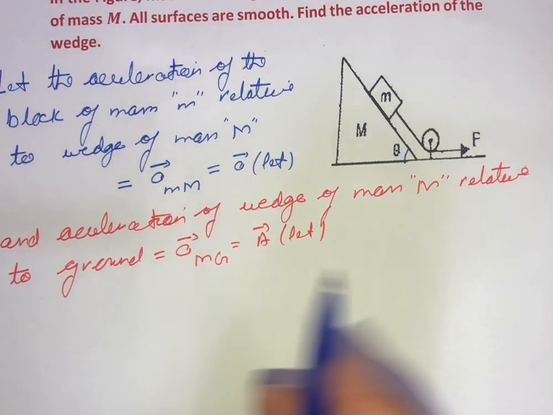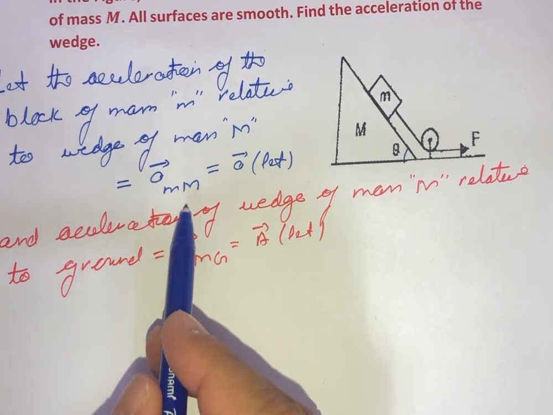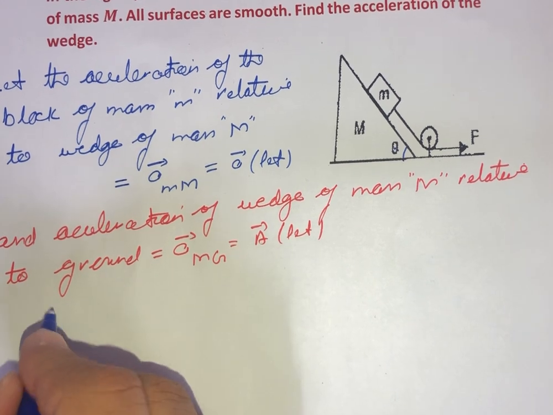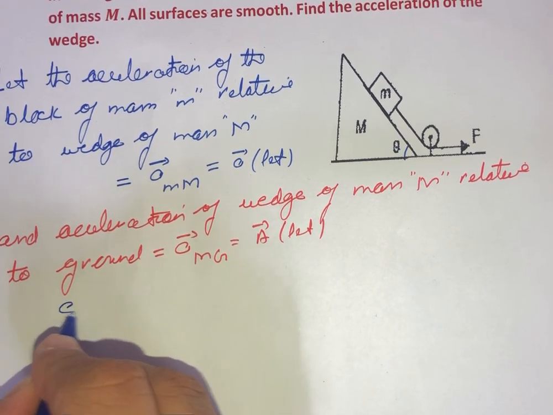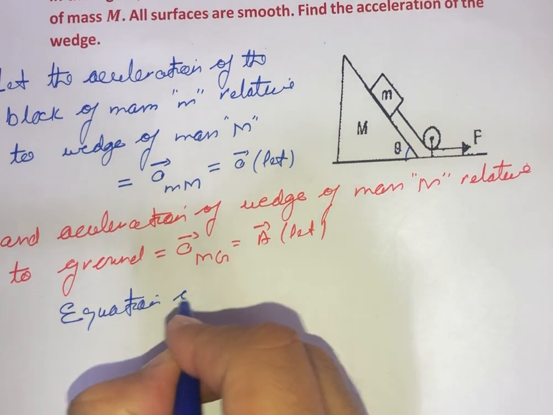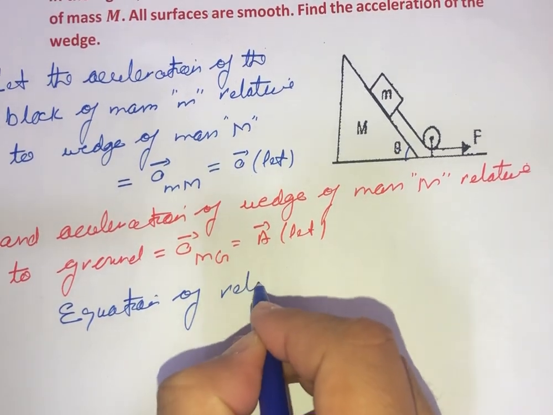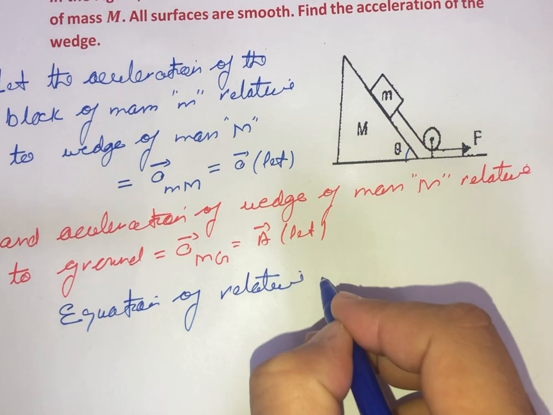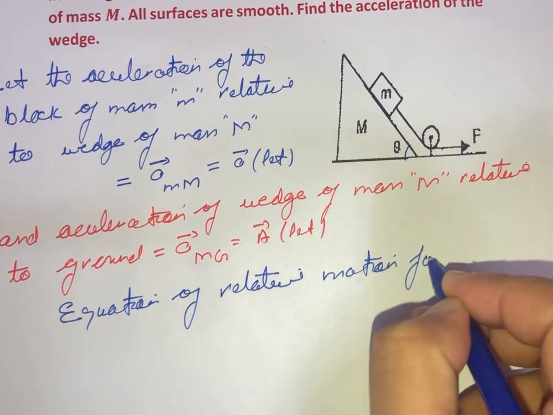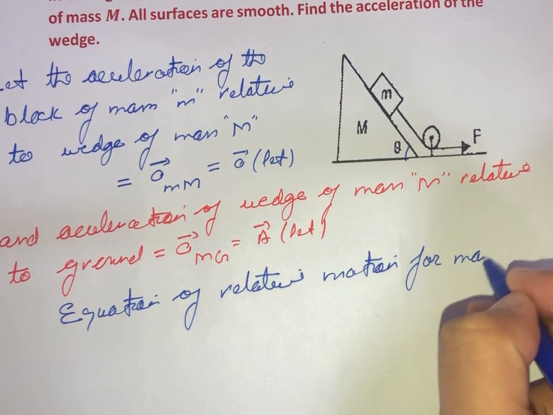So because of the relative motion, we can write the equation of relative motion for mass small m.